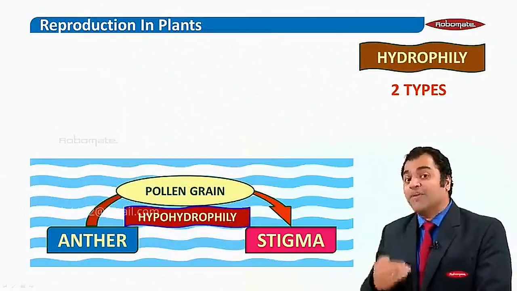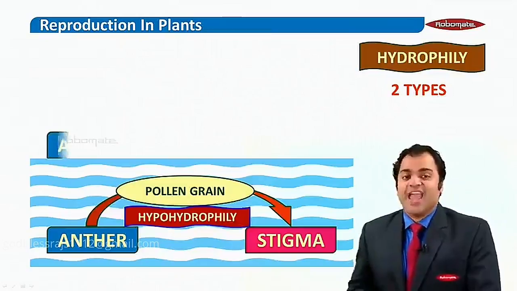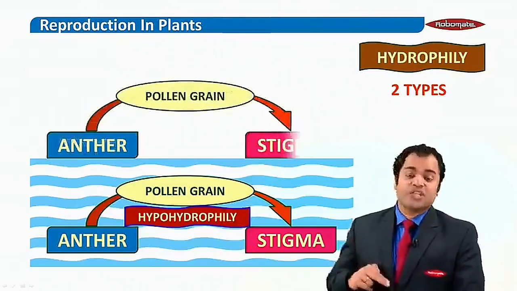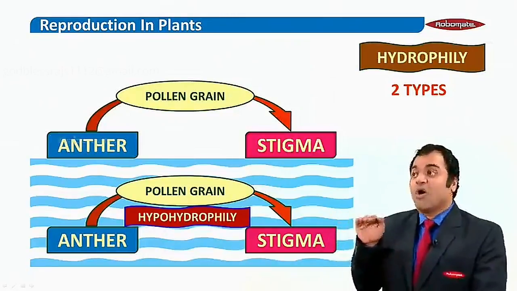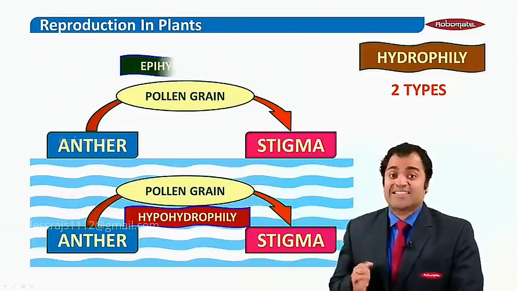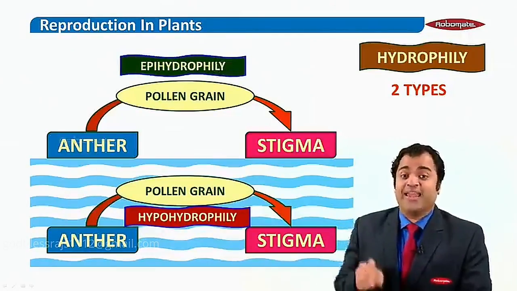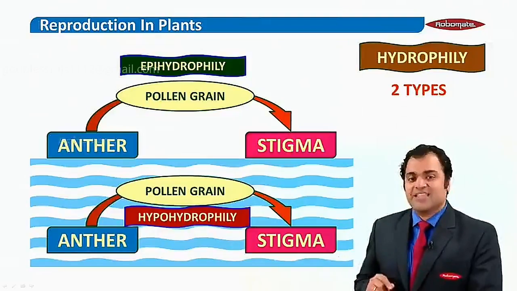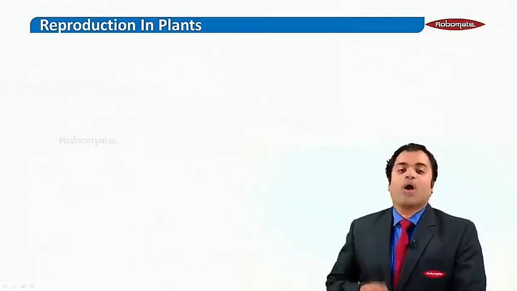Hypo meaning below. And then if my pollen grain is getting transferred from anther to stigma above water or on the surface of water, then the process is called epihydrophily. Epi meaning above or on the surface. Does that make sense?